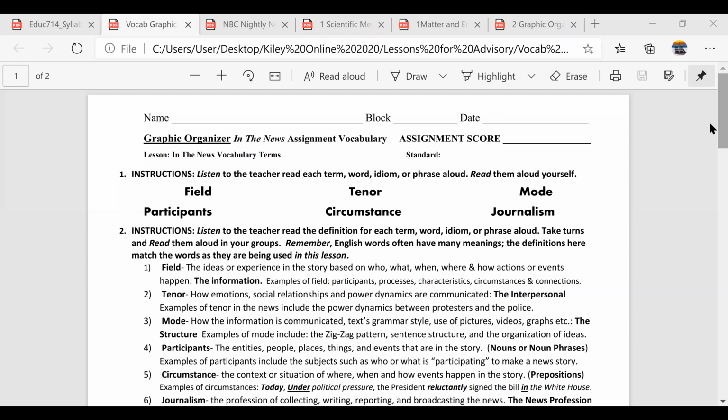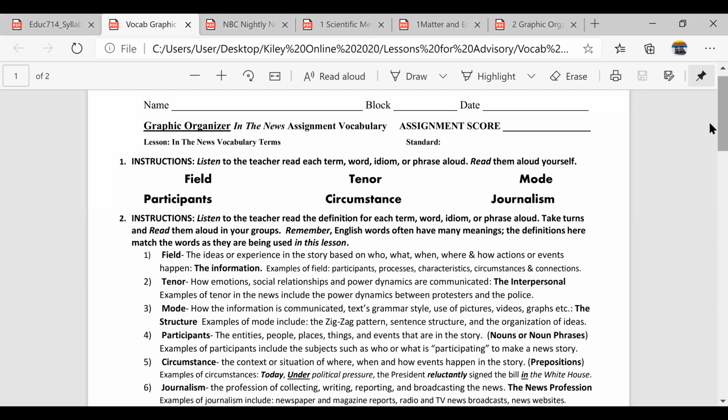Okay, and now I'd like to show you some sample lessons. I'm going to share my screen again. And this first lesson that you see is a vocabulary graphic organizer.